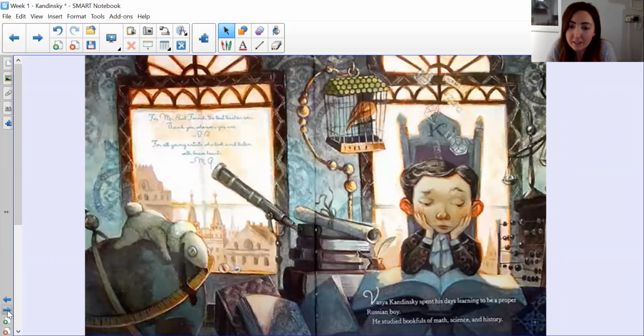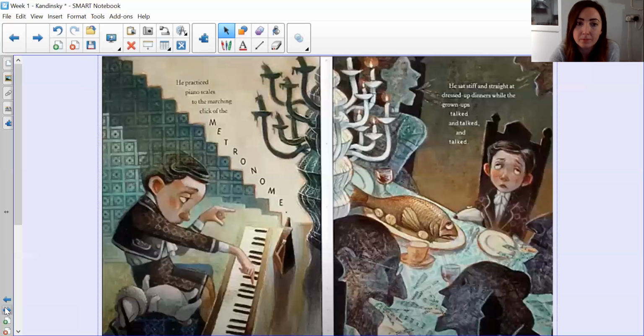Vasily Kandinsky spent his days learning to be a proper Russian boy. He studied bookfuls of math, science, and history. He practiced piano scales to the marching click of the metronome. He sat stiff and straight at dressed-up dinners while the grown-ups talked and talked and talked.